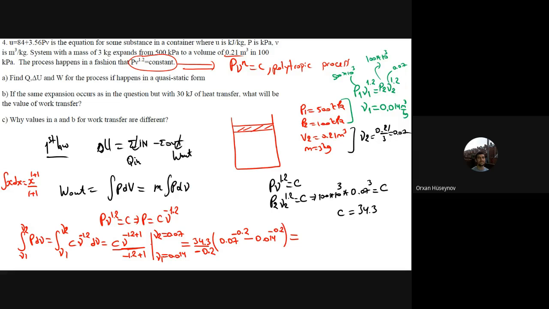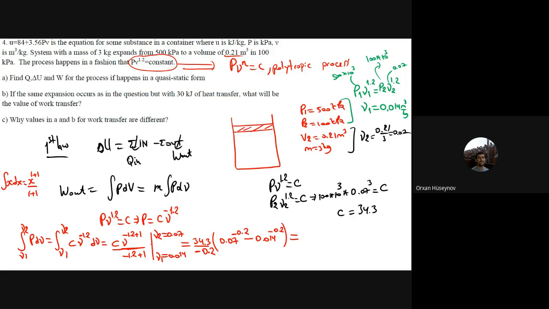That is the boundary work, the P dnu. Actually, I didn't calculate the mass. At the end I will multiply with the mass, and I will get that PdV. PdV is just mass multiplied with P dnu, and then you can find that PdV work.